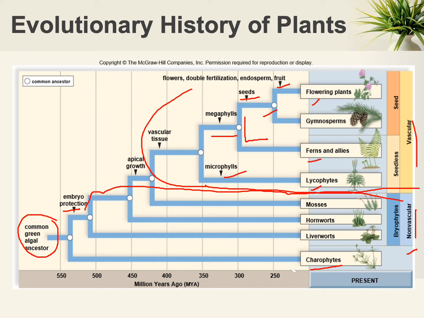Fruit differentiates between the gymnosperm and the angiosperm, which is the flowering plants. If no fruits, we have the gymnosperm. For the fruit, we call them the angiosperm, which is the flowering plants.